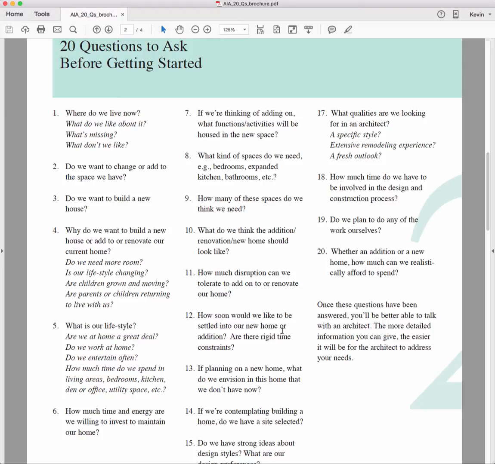Well, I think one of the really interesting things here, when you've got the potential clients thinking about these kinds of questions, is some might actually say, well, I'm not sure I want to build a new house, or I'm not sure I want to renovate our current home. And this is where the architect is probably going to say, I wonder if I have a real client here.